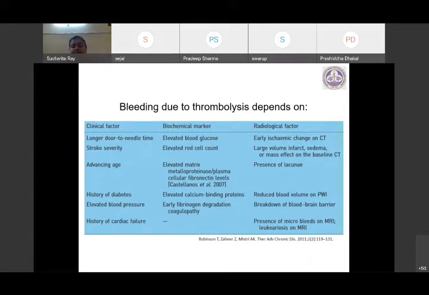Now, also if the patient has got uncontrolled blood pressure, uncontrolled blood sugar, has got a high hematocrit, or maybe the patient has got some intrinsic inflammatory status inside the brain, or there is some evidence of breakdown of the blood-brain barrier, or microbleeds. So these are all conditions which act together.